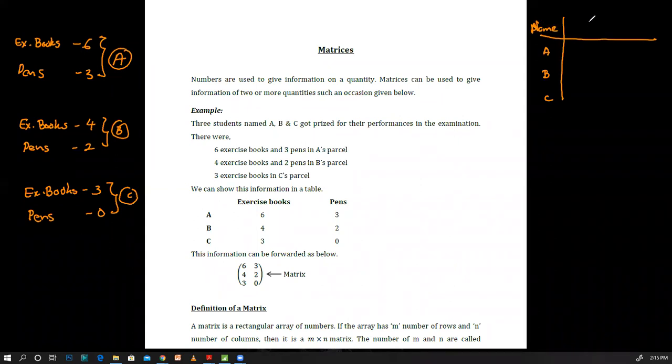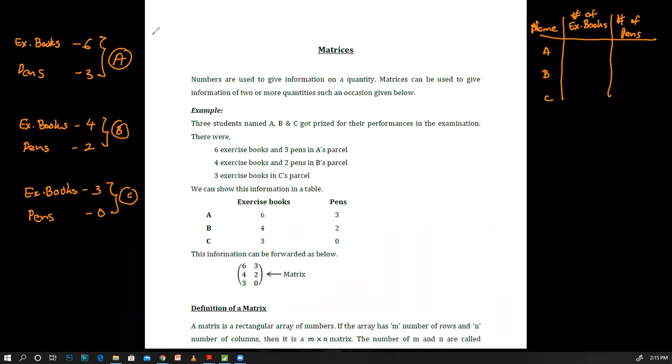Then in the next column, you write the number of exercise books in the parcel, and in the next column, you may write the number of pens in the parcel for each student.